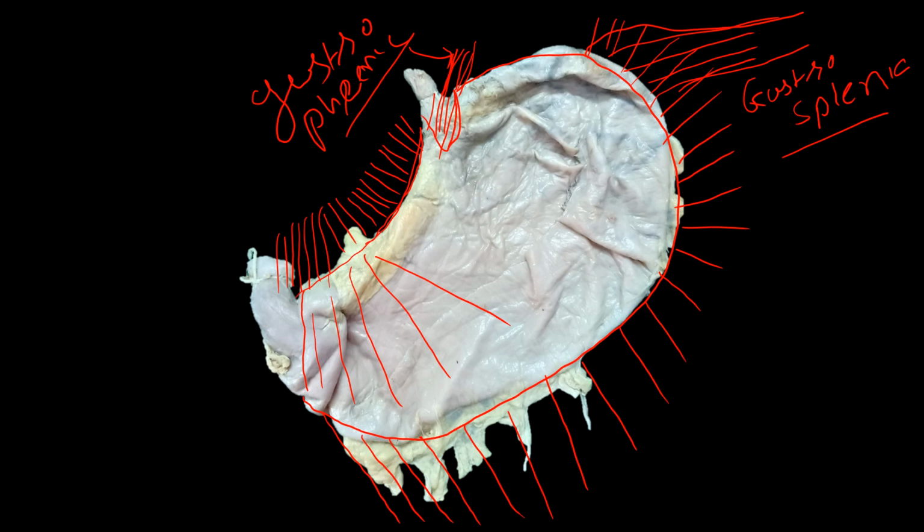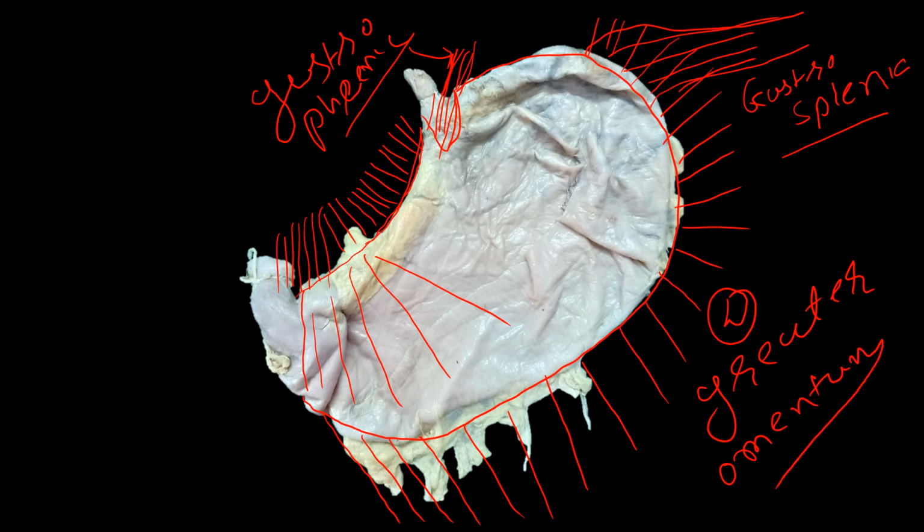And third, from the remaining greater curvature, the two layers go downward, take a U-turn and again ascend, in such a manner making a four-layer structure. This four-layer peritoneal reflection is known as greater omentum. You will learn in detail about the lesser omentum and greater omentum in the chapter of peritoneum.